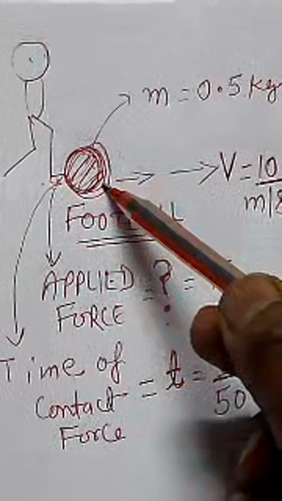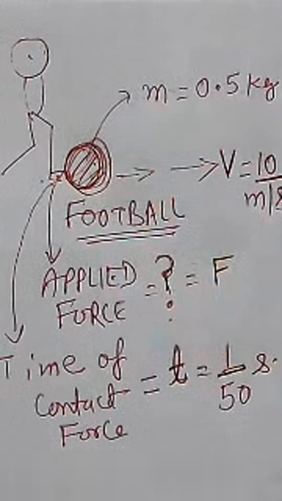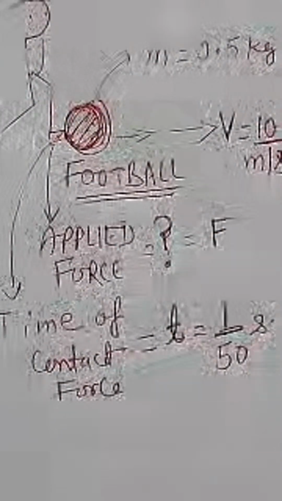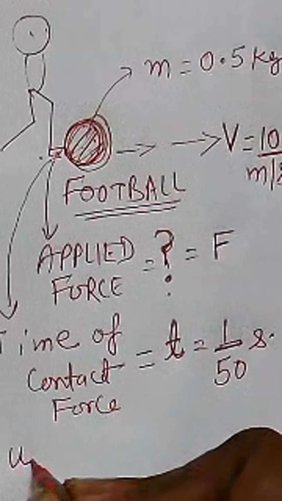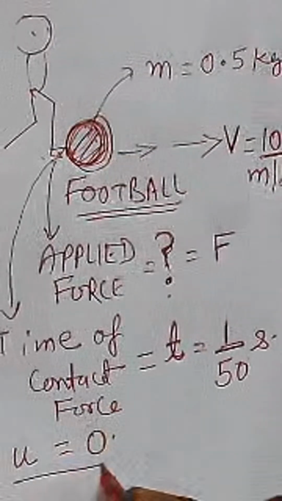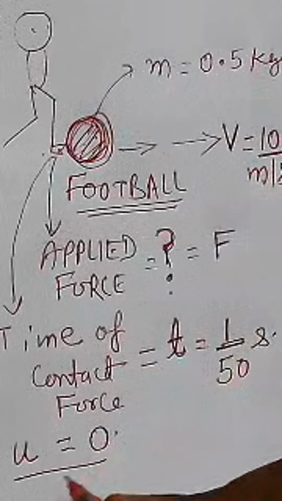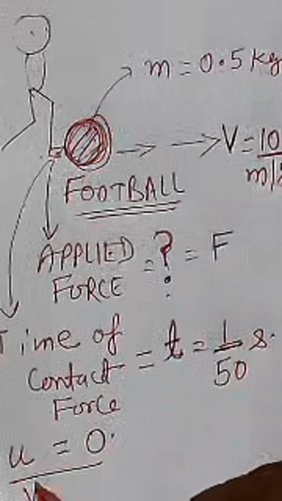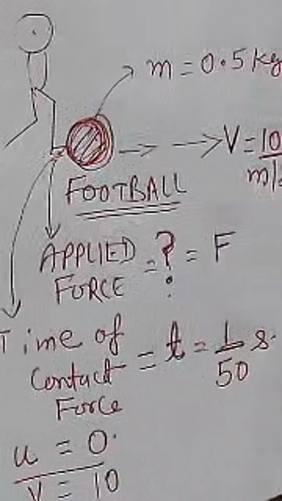The ball is initially at rest, so we can say that the initial velocity of this ball, that is u, equals 0, right? And the final velocity is 10 meter per second, which is imparted after kicking the ball by the footballer.